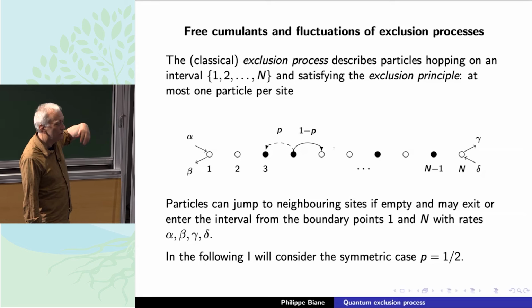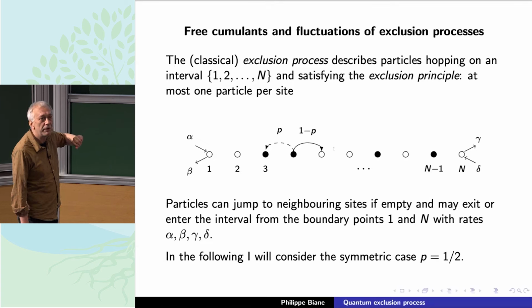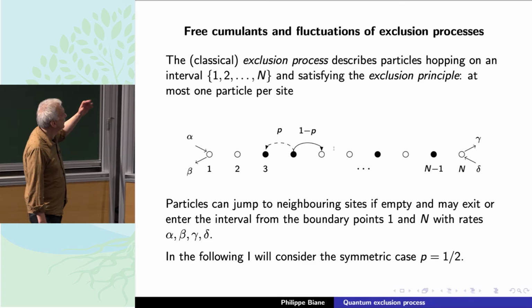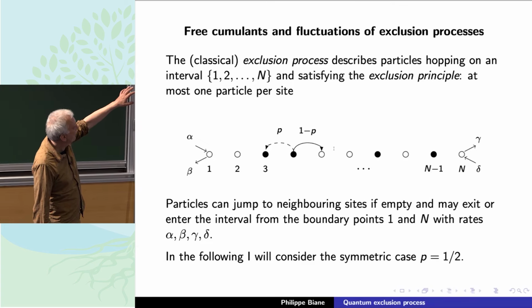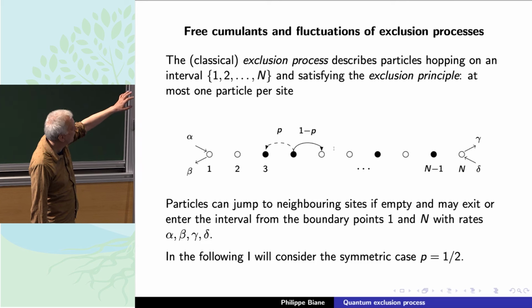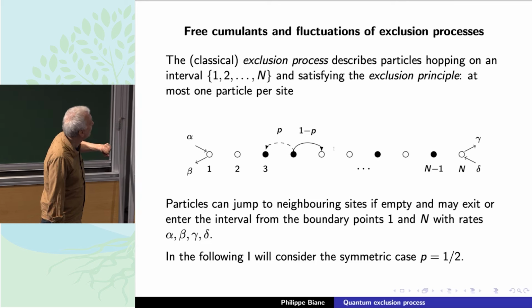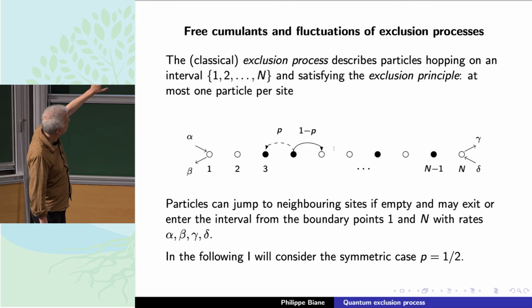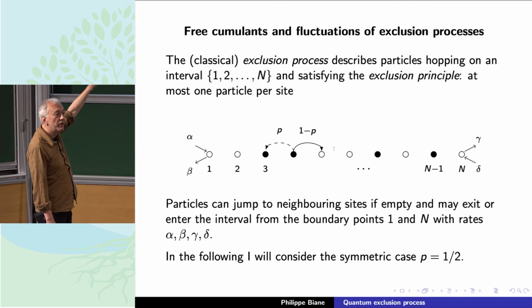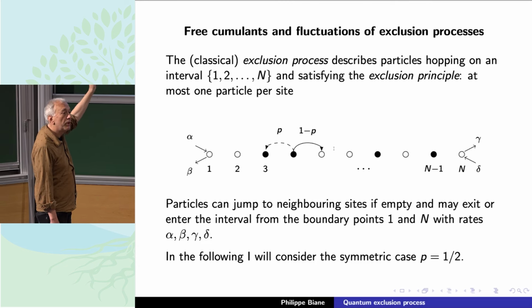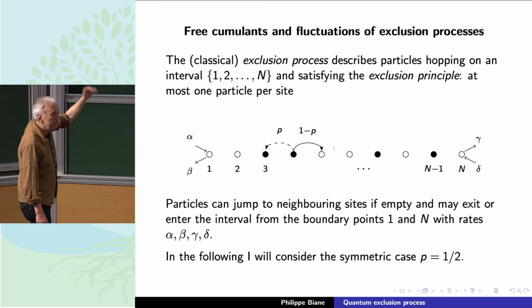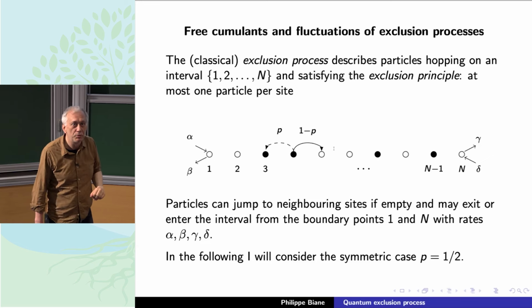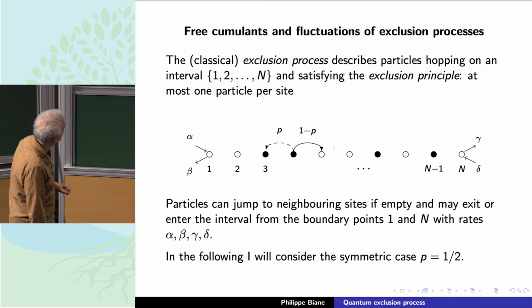In the following, I will just consider the symmetric case, p equal 1/2. Also there is some provision that if a particle wants to jump to a site that is already occupied, then it doesn't jump. It remains where it is. But on the other hand, if it wants to jump to an empty site, there's no problem; it will jump.